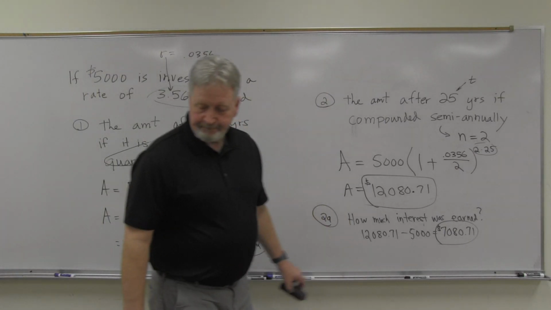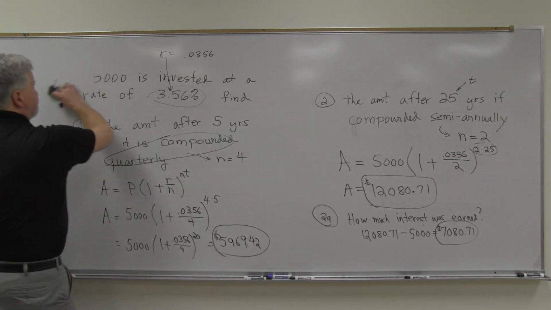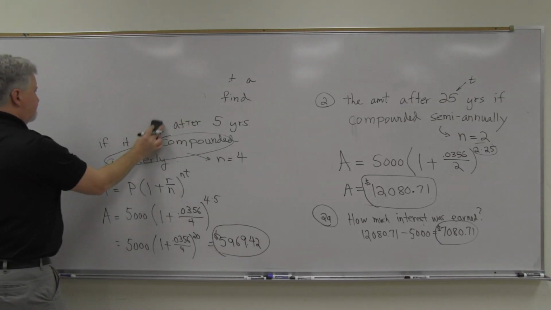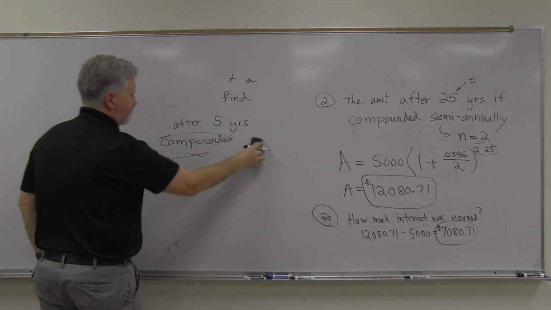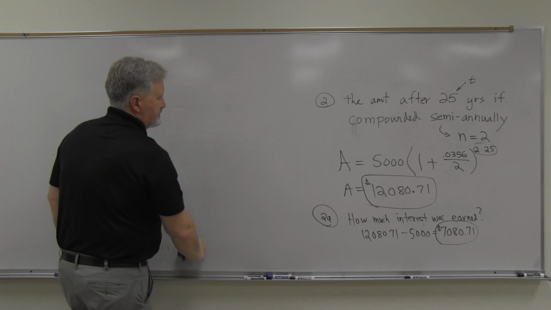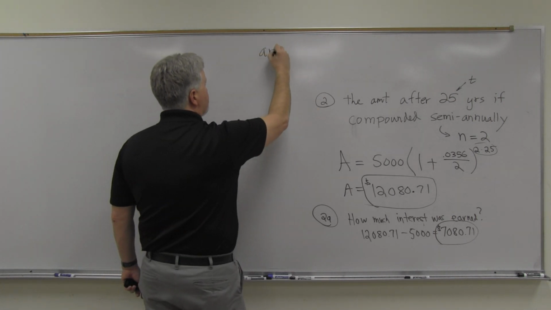All right? Okay. Well, before I go on to another topic, we did quarterly, n equals 4, and semi-annually, n equals 2.